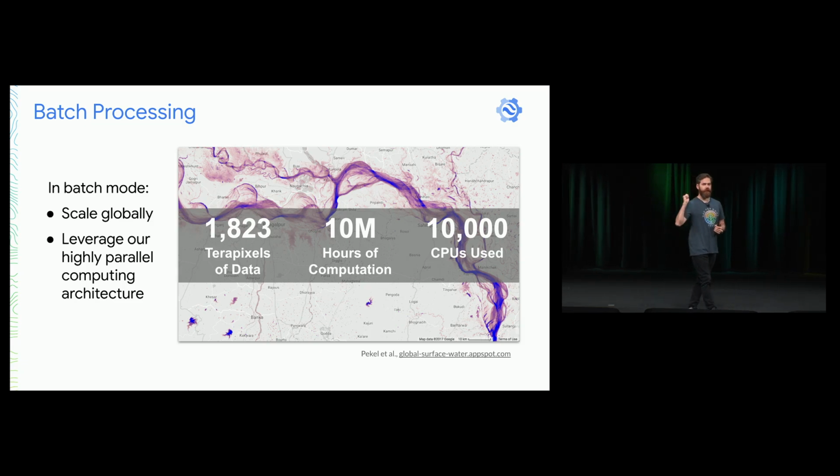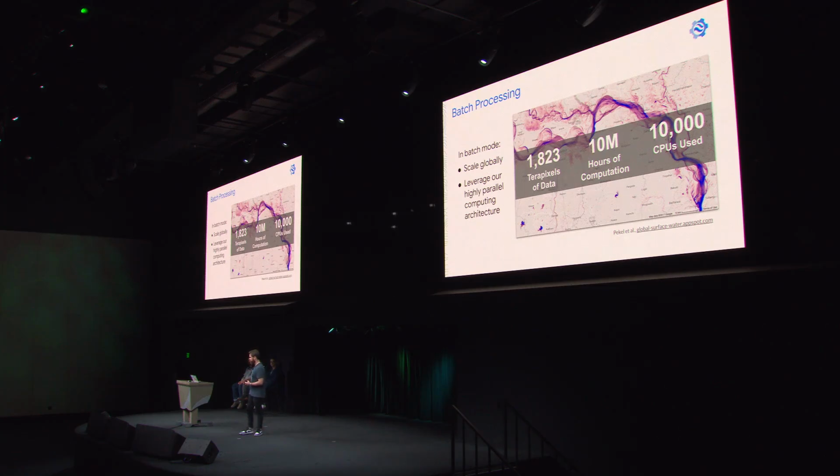Batch is different because it is not an interactive, I send a request, I get a result. It is shaped like I send a request, and it runs in the background. And my result is put somewhere else, whether it's, like Gino pointed out, an asset, a file in cloud storage, or a table in BigQuery.